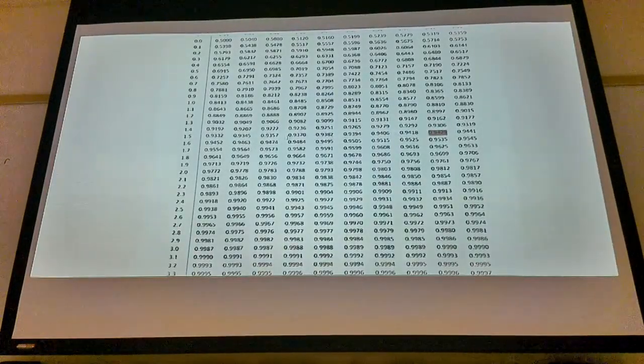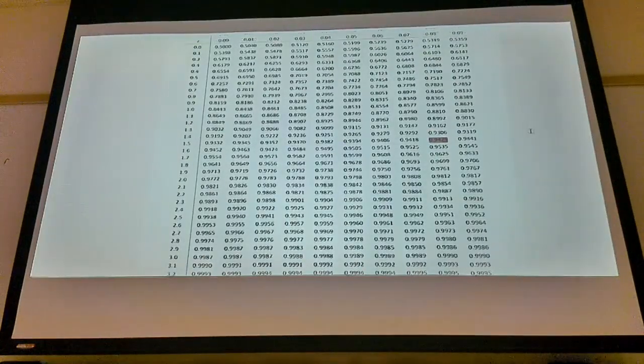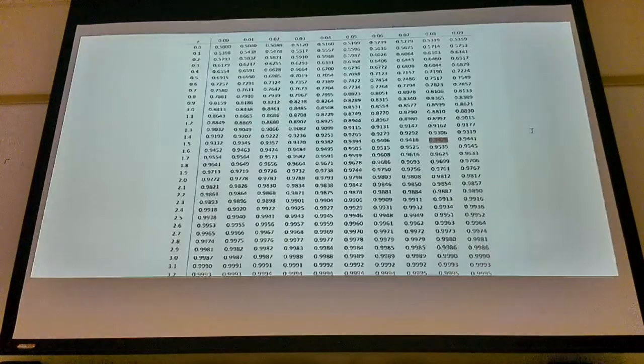I have a question for that. We have to add the number 0.5 or we have to subtract? Add for this one, because we're looking for total area less than or equal to.